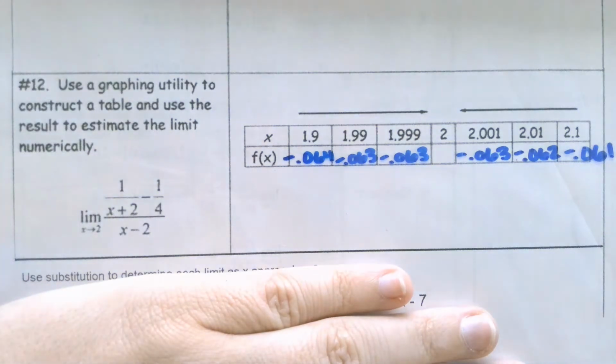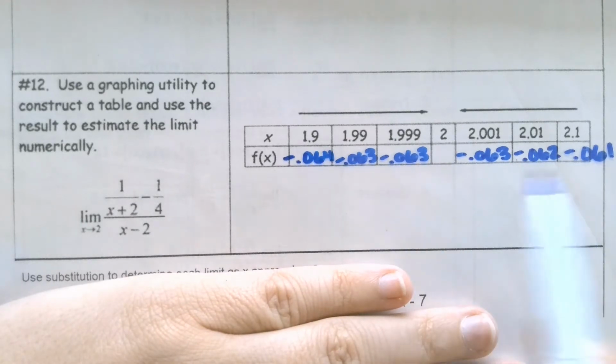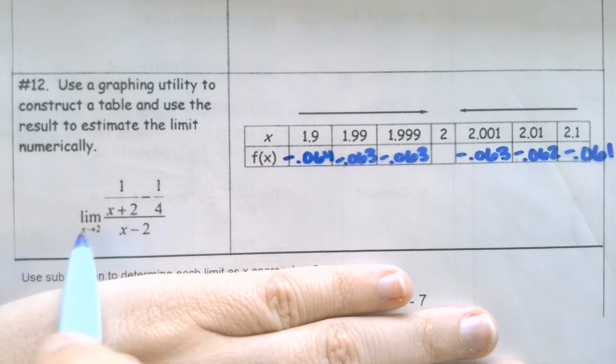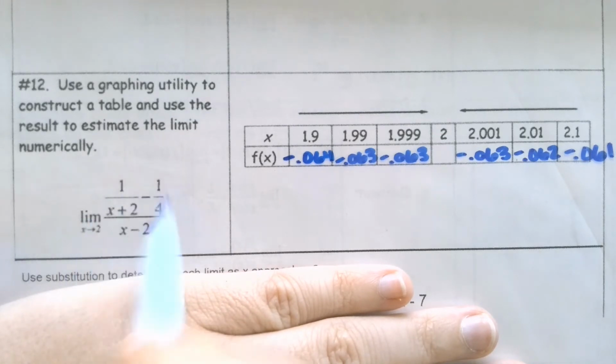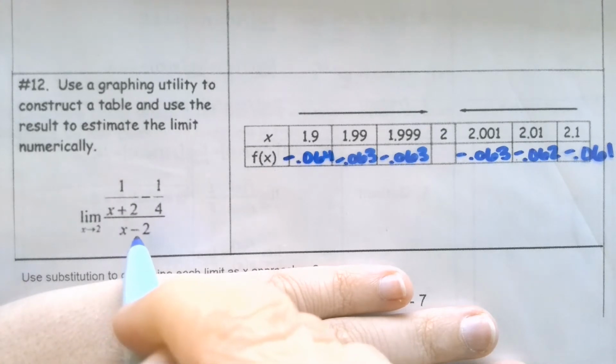We can analyze a limit numerically by plugging in values that get closer and closer to our x value both from the left and from the right. So if we're looking at a limit as x approaches 2 of this function, first we want to note that since x minus 2 is the denominator, we are undefined at 2.